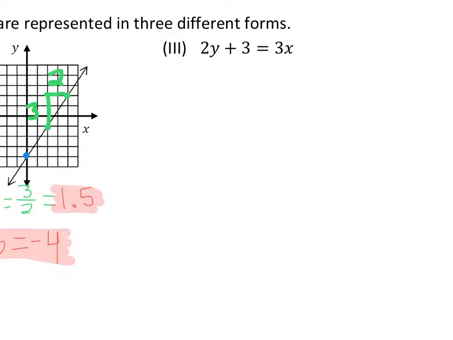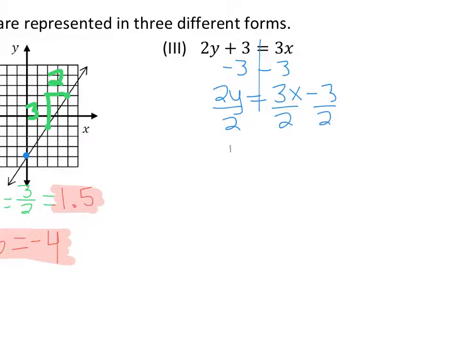Function 3, well, I need to get it in slope-intercept form to easily find the slope and y-intercept. So I'm going to subtract 3 from both sides. I need to get y by itself. So I have 2y equals 3x minus 3. Going to divide everything by 2 to get y by itself. y equals 3 over 2x minus 3 over 2.